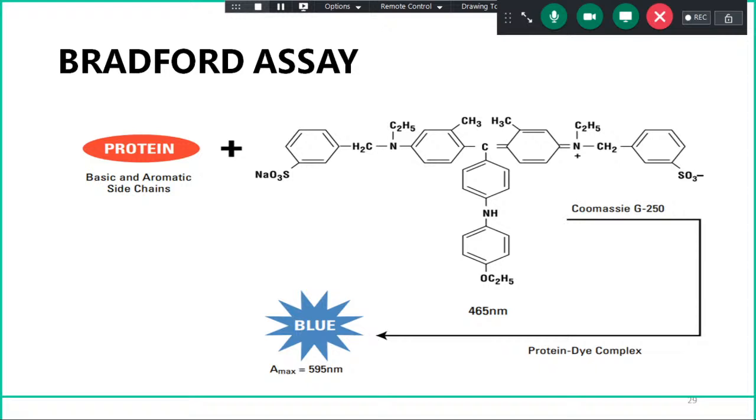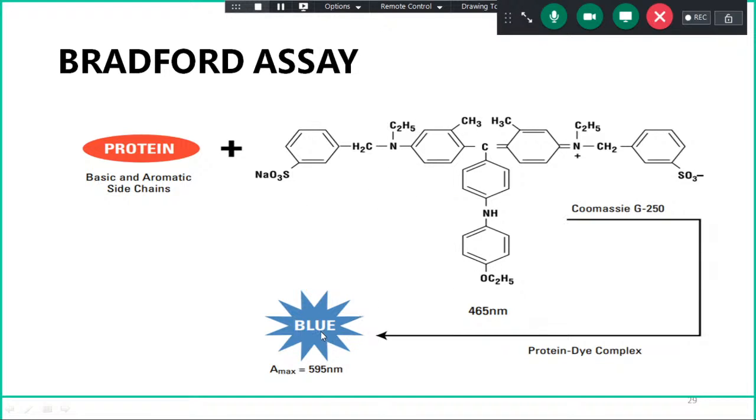So the cationic form or protonated form of this dye is red in color and exists in acidic pH, while the neutral form is green in color, and then finally the unprotonated form having blue color is the stable form.